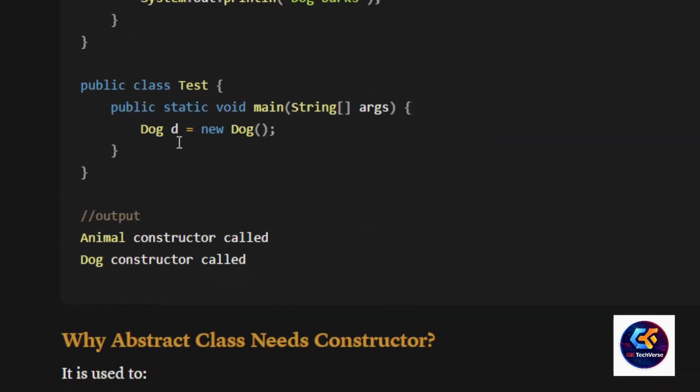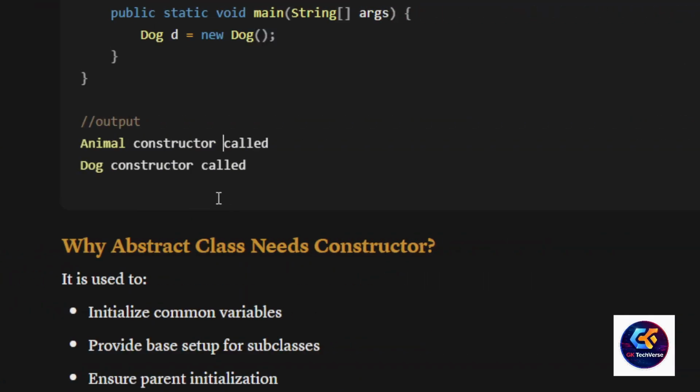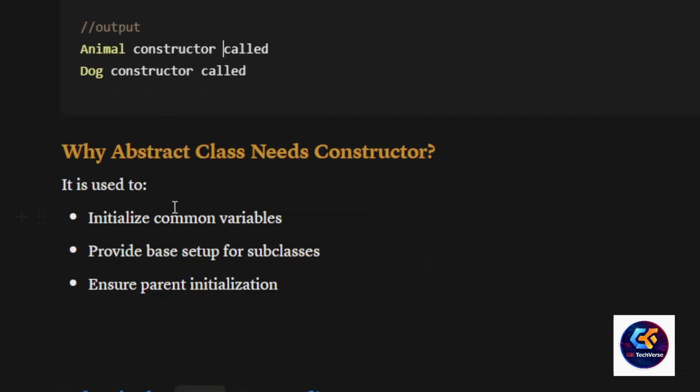So when I create a child class object, automatically the parent constructor will get called. Why does an abstract class need a constructor? It is used to initialize common variables, provide base setup for subclasses, and ensure parent initialization.